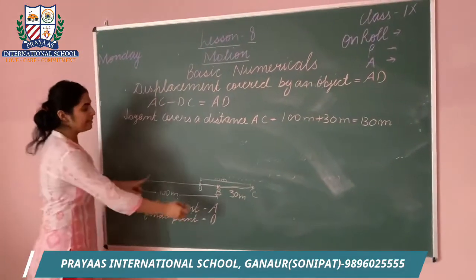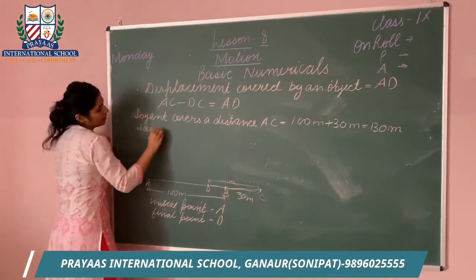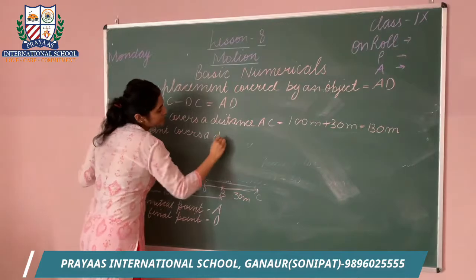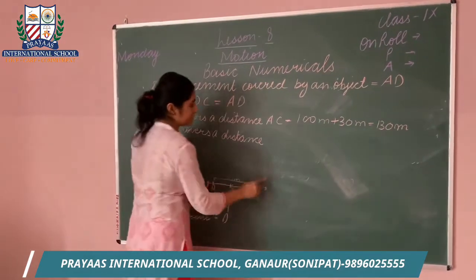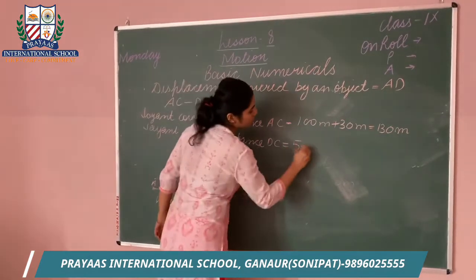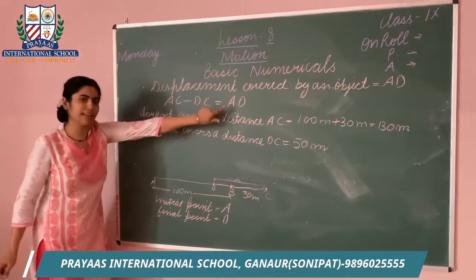Fine. And then DC: Jayant covers a distance DC equal to how much? That means 50 meters. So we can now easily calculate AD.